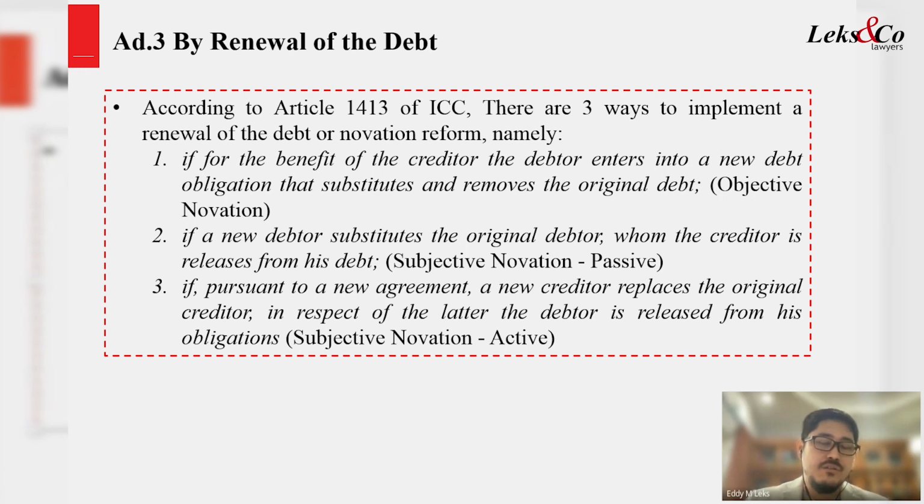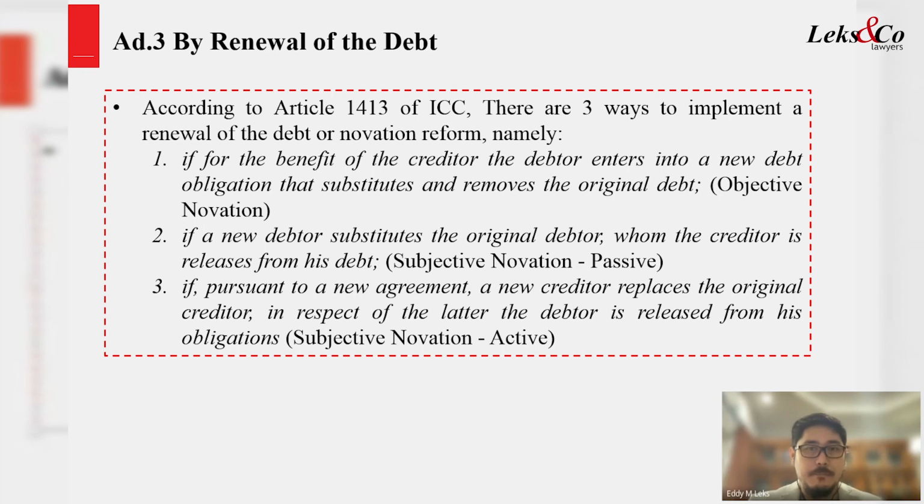So the second point is the change of debtor, and the third point is the change of creditor. Why is it subjective? Because it only changes the subject, the party, while the first point is objective because it converts or replaces the original agreement.